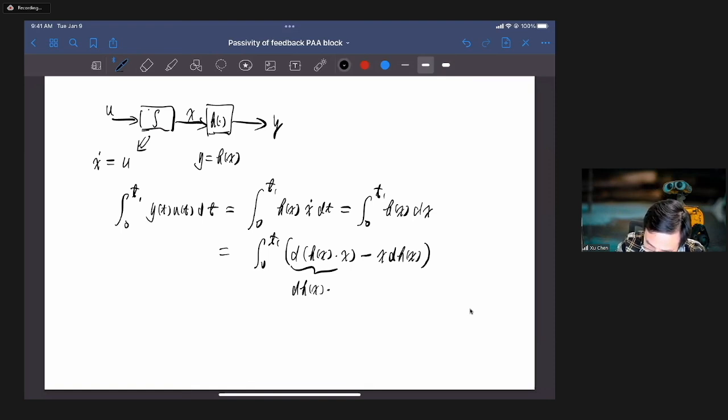This is dh of x times x plus h of x dx, right? So this term is equivalent to this term because of the chain rule. So the result is going to be h of x times x evaluated from 0 to t1, minus the integration of x dh of x.